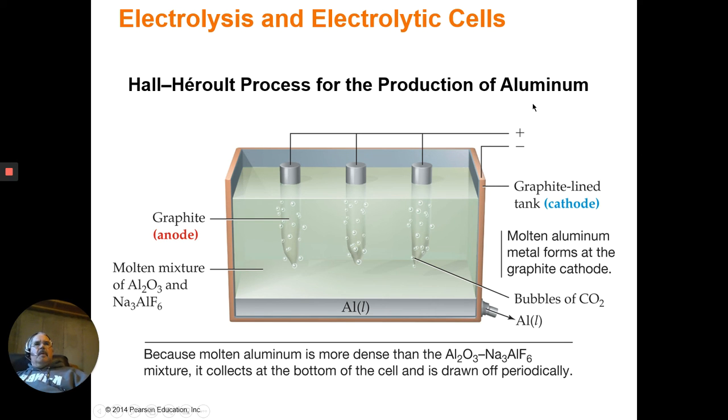Although aluminum is the most abundant metal in the Earth's crust, there's an emphasis on recycling aluminum because this process is so energy intensive. In fact, it only takes about 5% of the energy to obtain aluminum by recycling compared to refining new aluminum.